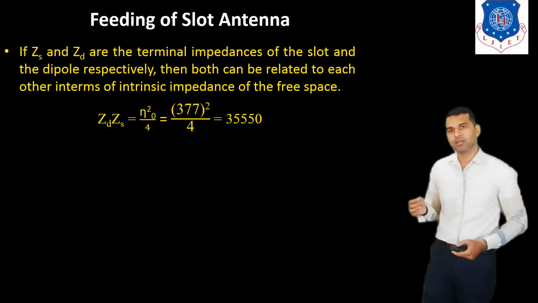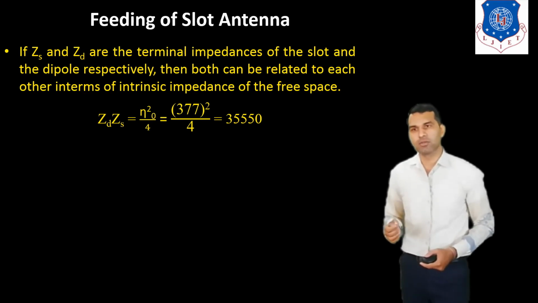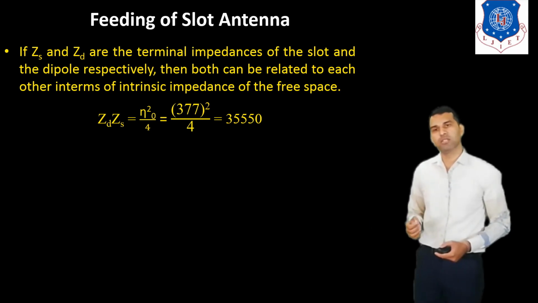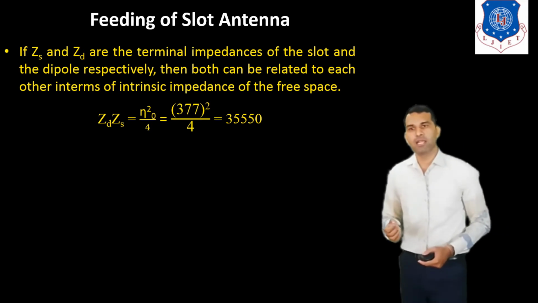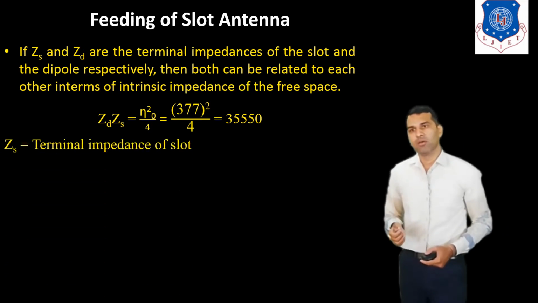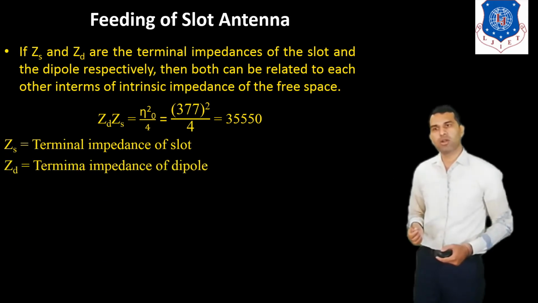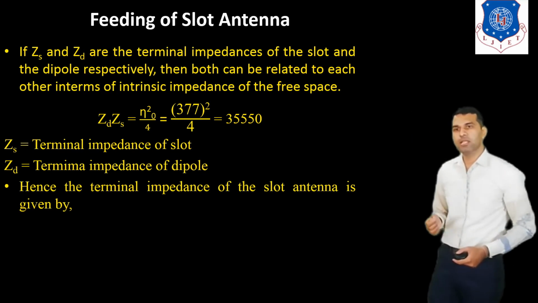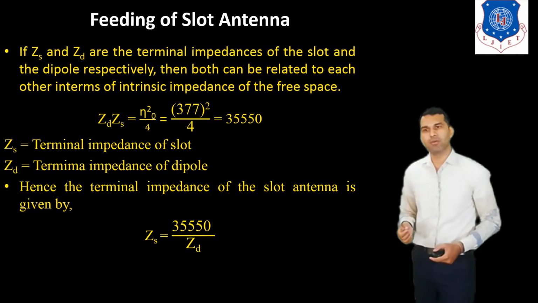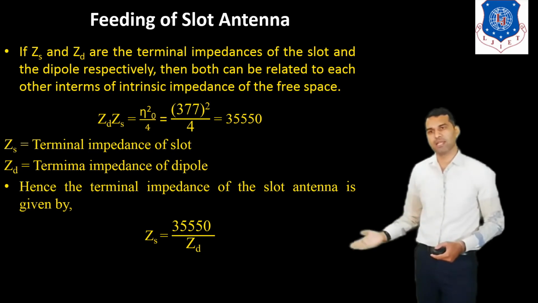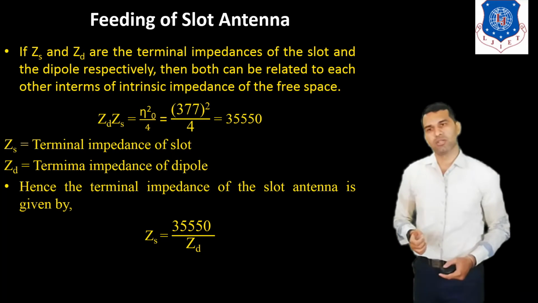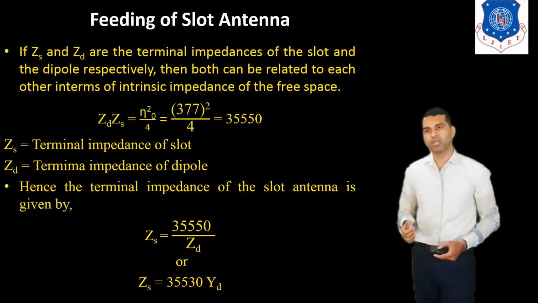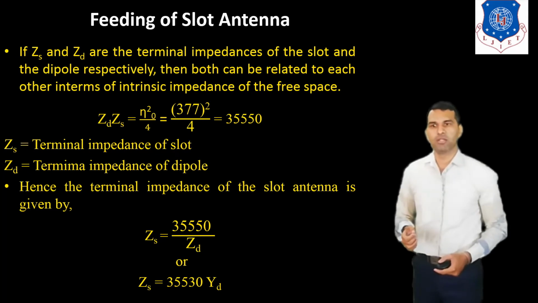So we can write ZD into ZS is equal to eta square by 4, and we know that eta is 377 ohm, so we get 35500, where ZS is the terminal impedance of the slot and ZD indicates the terminal impedance of the dipole. Hence the terminal impedance of the slot antenna is ZS equals 35500 by ZD, or we can also write ZS equals 35500 into YD.